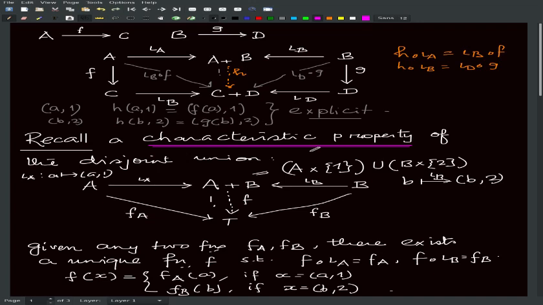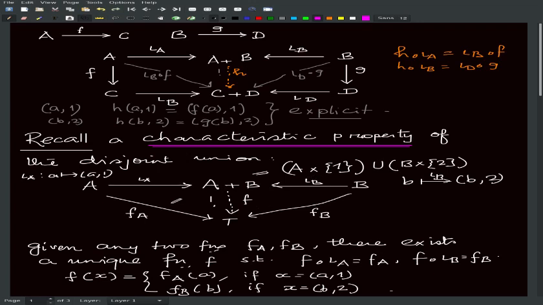We must think of it as a triple now with these two coproduct injections. So this triple has this characteristic property.